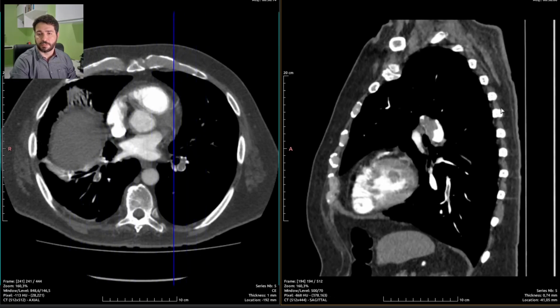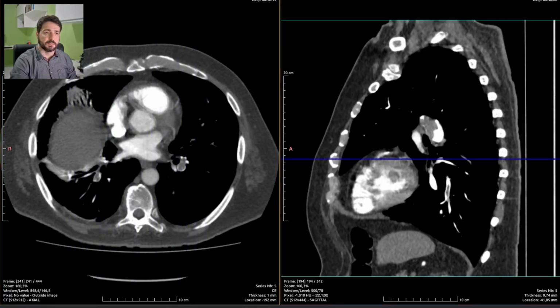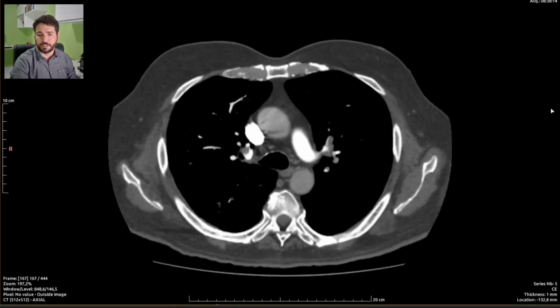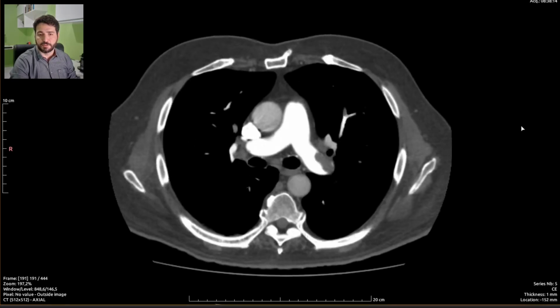And the answer is yes. This is a massive, huge, extremely severe case of acute thrombosis.